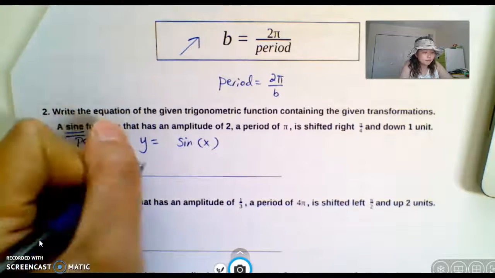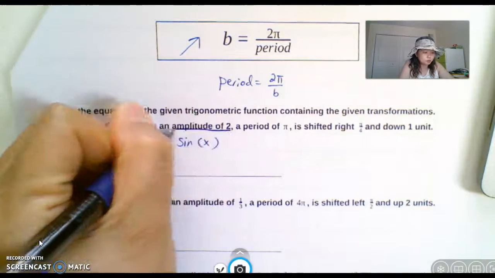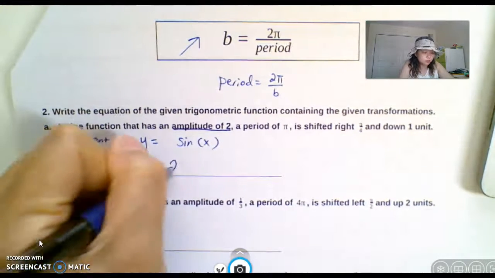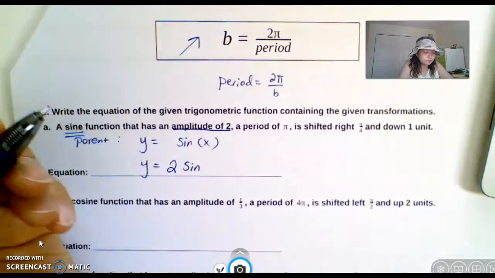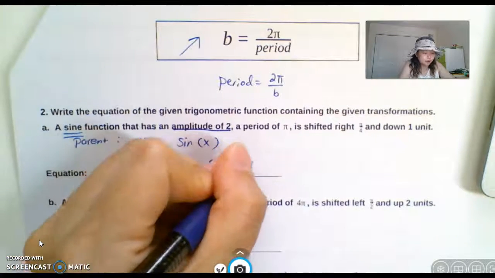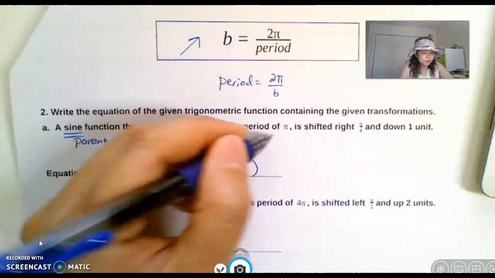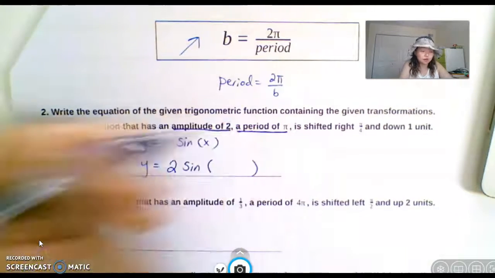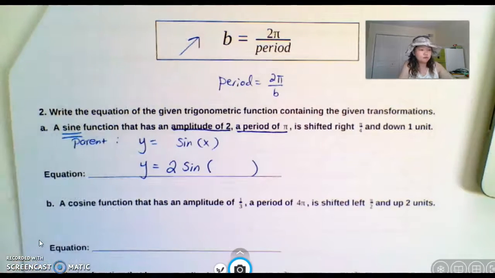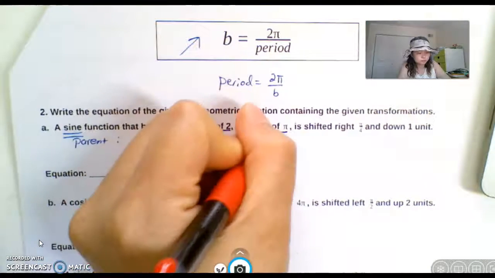So it's a sine function that has an amplitude of 2. That means you stick in a 2 right there: 2 sine. I'm not going to put x yet. Period of pi. So what should we put for b?